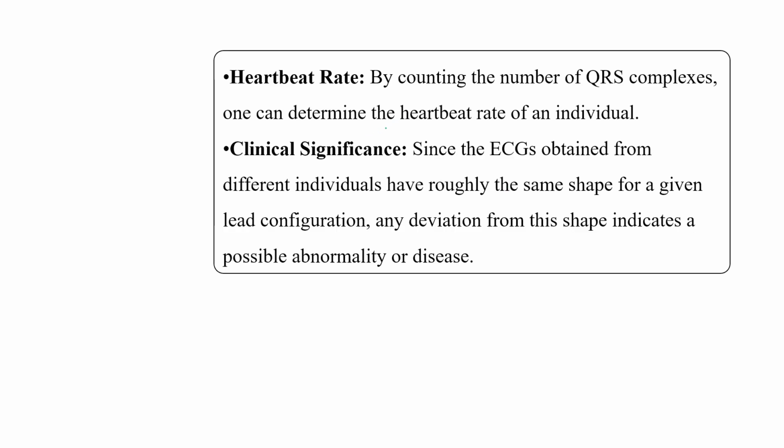Now, heartbeat rate: by counting the number of QRS complexes, one can determine the heart rate of any individual. What is the clinical significance? The clinical significance of ECG is to obtain different shapes. If it is not in a normal graphical form, it can show any kind of abnormality, any kind of heart-related disease of that person.